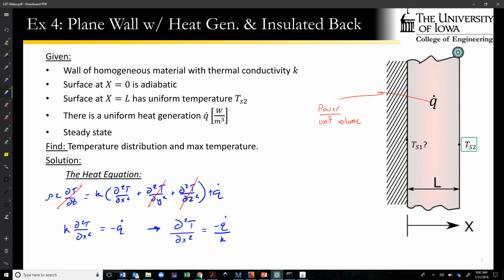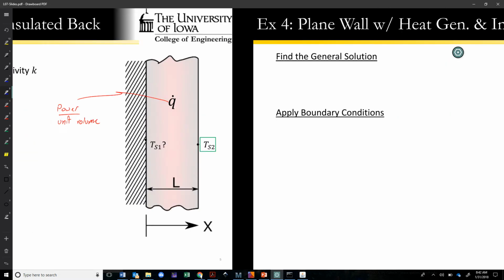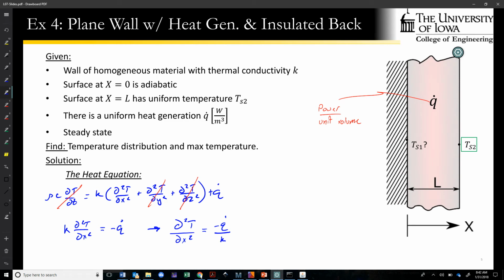This is a little different because now, instead of just an unknown constant of integration, we're going to have something with an x on it as soon as we integrate once, and something with an x squared as soon as we integrate twice. Just by inspection, this tells us that the curvature of our temperature distribution is constant, meaning we're going to have a parabolic temperature distribution. What did you cancel on the left-hand side? On the left-hand side, steady state. Okay. Yep.